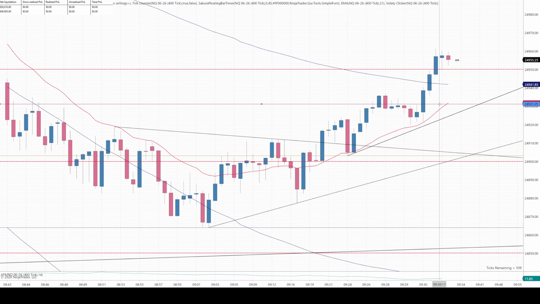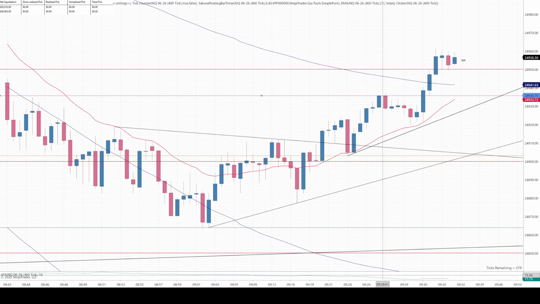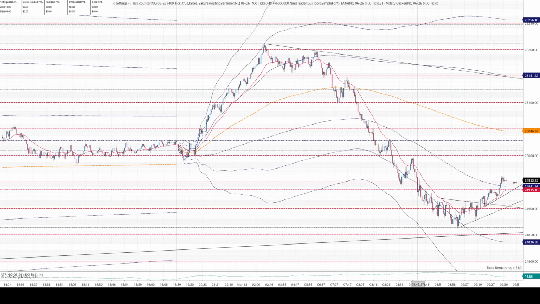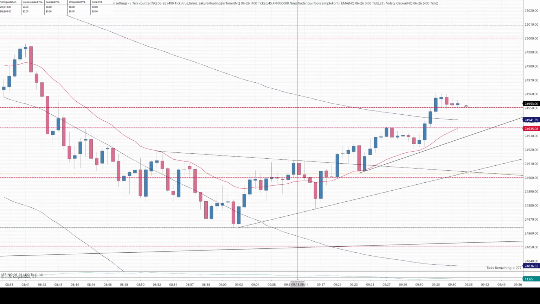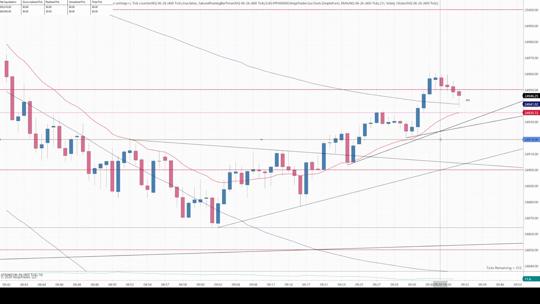And again, we're not going to trade the first 5 minutes. Just let the market sort of sort itself out. It also takes the pressure off, trying to feel like you got to capture every moment.